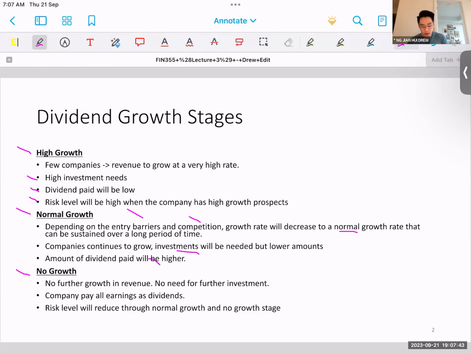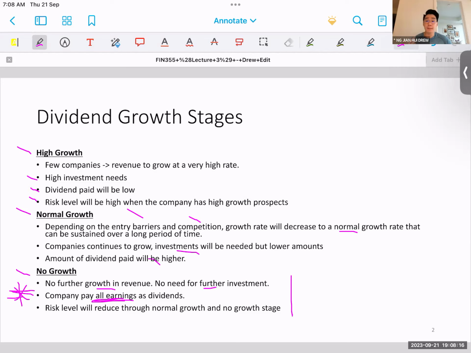What's important, and something you need to realize, is that for a no growth company, there's no further growth in revenue and no further investments required. The company will pay all of the earnings as dividends. This is an important characteristic. When we look at questions, if they say this is a no growth company, you must immediately know it will pay all earnings as dividends.